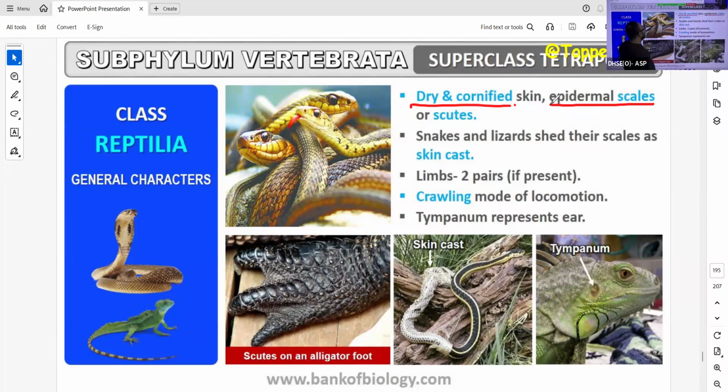These scales are epidermal, they are embedded in the skin. Because they are joined with the skin, they are epidermal in nature.